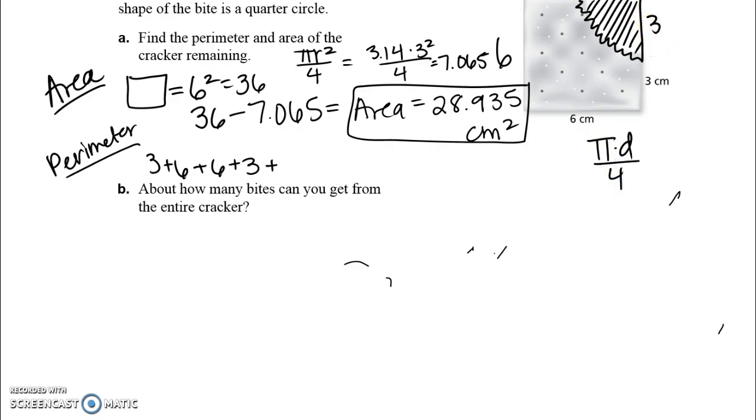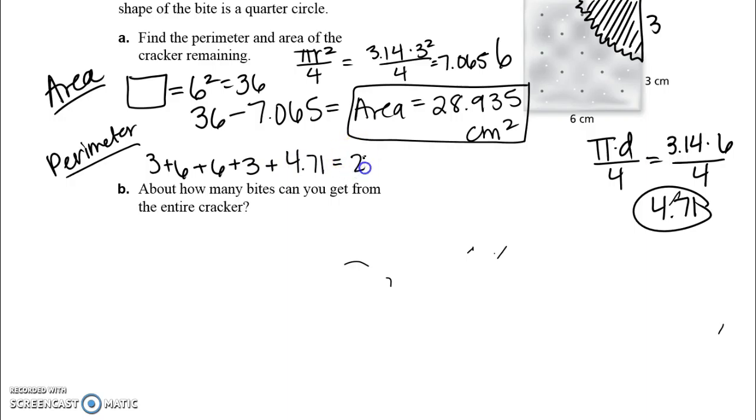If the radius is 3, that makes my diameter 6. So this would be 3.14 times 6 divided by 4, which gives me 4.71. So that's the last distance you need to add to your perimeter. And when you add those all up, you get 22.71 centimeters. And that is your perimeter.